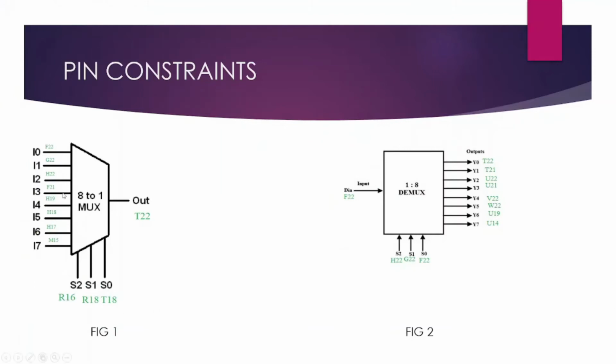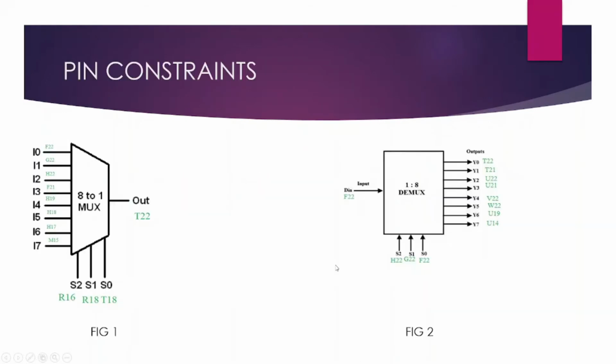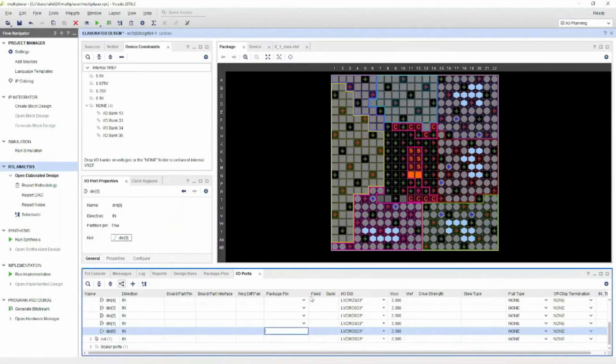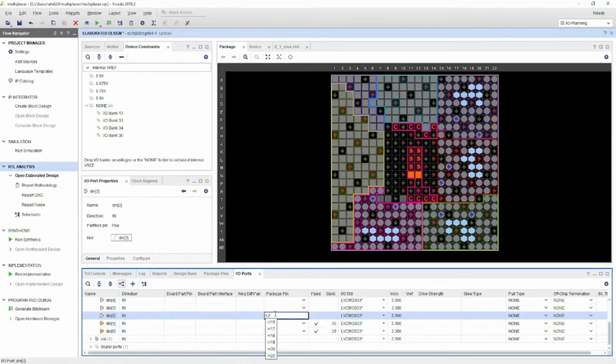So pin constraints. So I0 is F22, G22, H22. Okay, so F22, G22, and H22. So let me go to this. This is F22. F22 I will select. It is assigned. Okay. Then G22. It is assigned. Okay. Then H22.